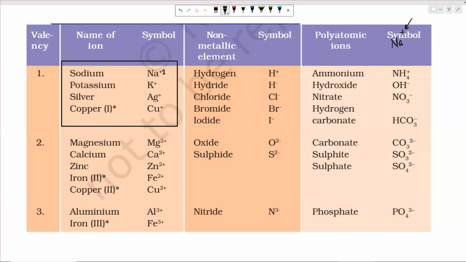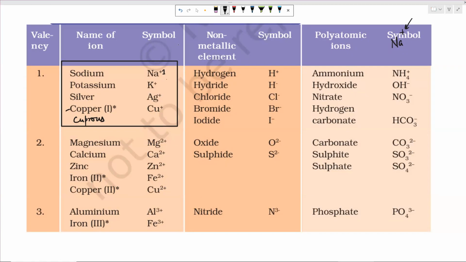If in front of copper it is written copper as 1, it means its valency is 1. And this copper with valency 1 is known as cuprous, Cu plus. Next, you see copper is here and copper is also here.